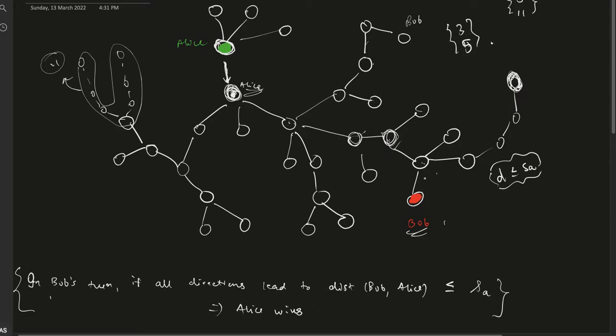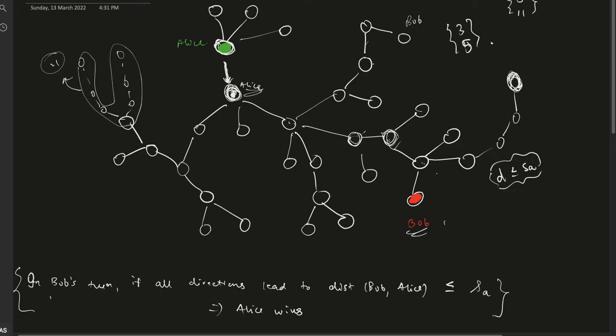The reason being, if Bob moves, let's say here or here, then Alice will be able to reach him in the next move. So it makes sense for Bob to not move. If Bob doesn't move in this step, this process will keep continuing. That is, Alice will also not move, and Bob will also not move, and eventually Bob will win. So Alice doesn't want that.